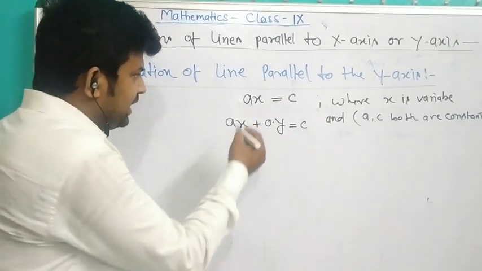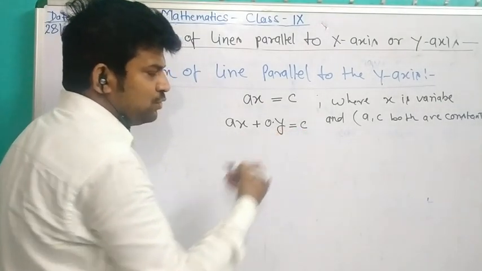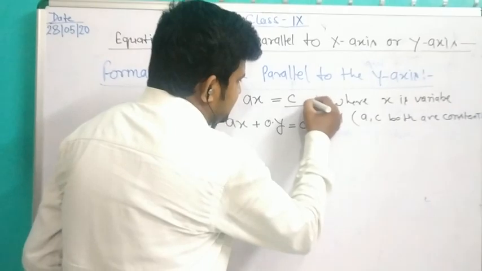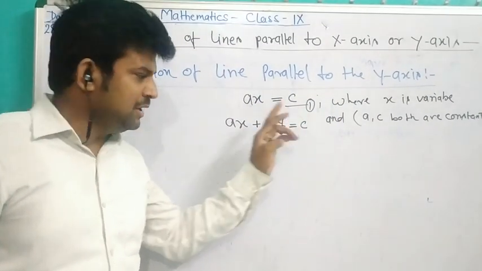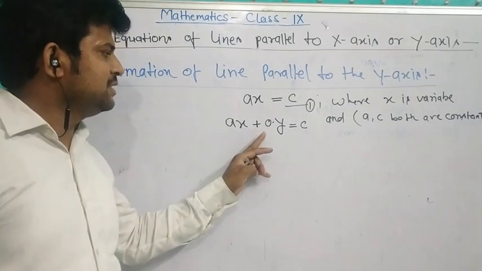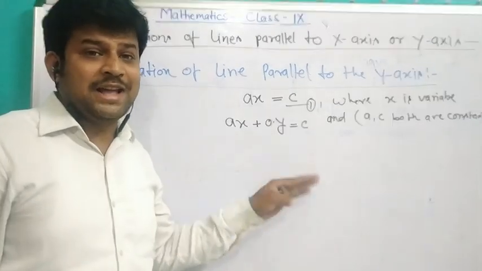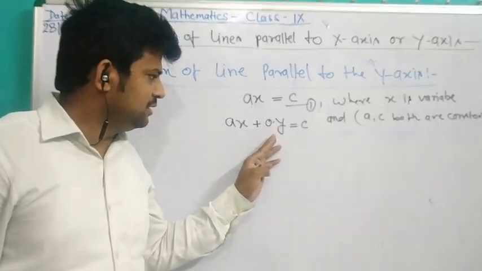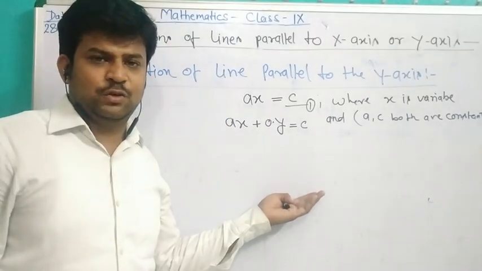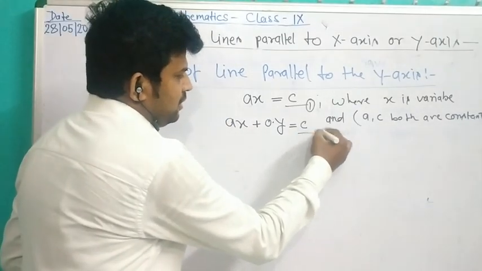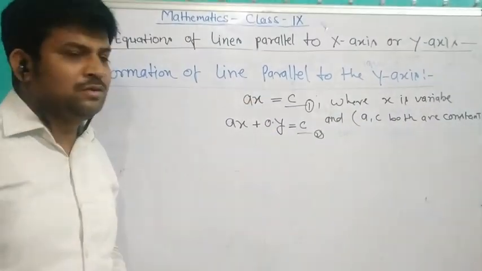Now we can write ax = c in the form ax + 0y = c. The first is a linear equation in one variable, and ax + 0y = c is the form of a linear equation in two variables. This is the formation of a line parallel to the y-axis.